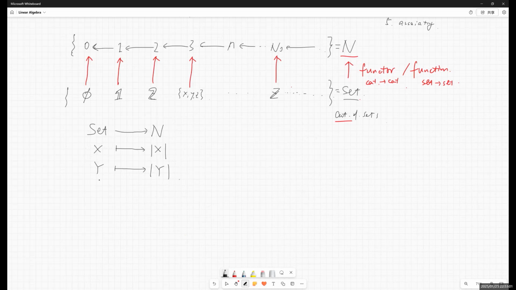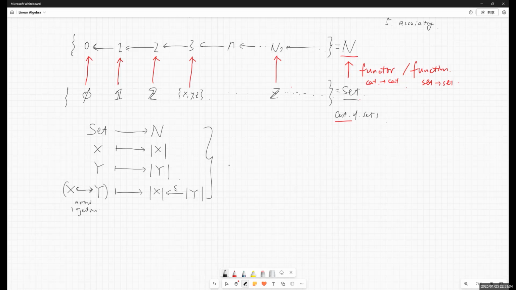In set theory, the relationship is X injected to Y. That's the arrow. So the injection arrow as a whole is mapped into an arrow of less equal than.